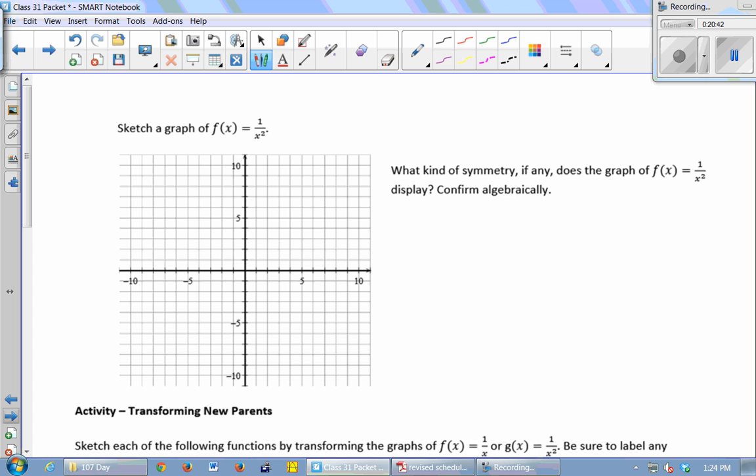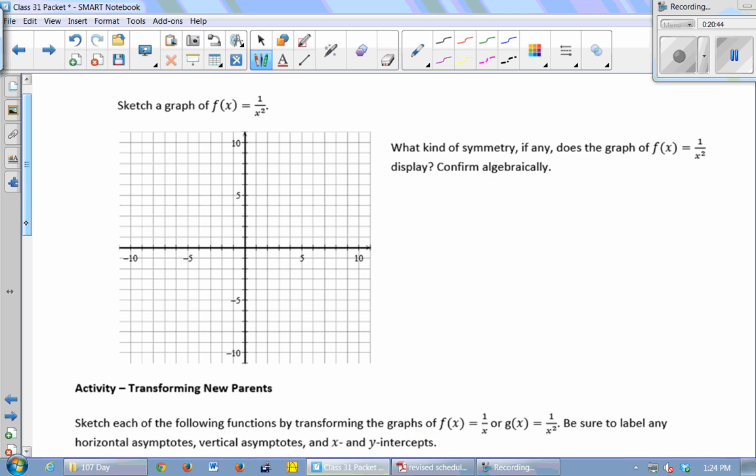All right, so now I would like to sketch a graph of 1 over x squared. And I know I have a vertical asymptote at x equals 0. This is my excluded value of the domain. And a horizontal asymptote at y equals 0.